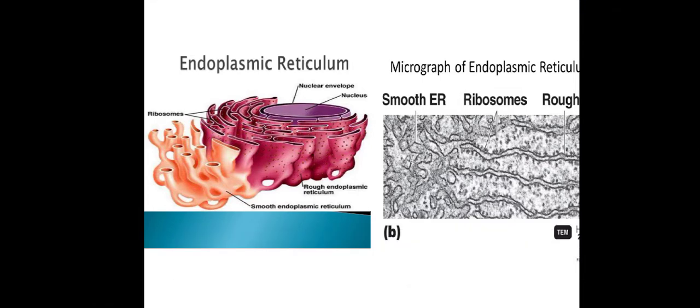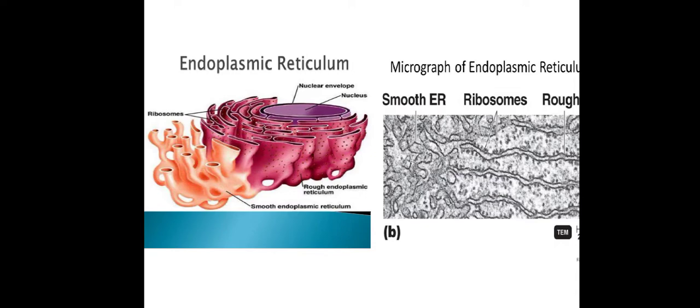The next image you are going to see is an image of endoplasmic reticulum in an electron microscope. It is a micrograph, the printed image which we got from the electron microscope. You can see rough endoplasmic reticulum where ribosomes are attached, as well as smooth endoplasmic reticulum.